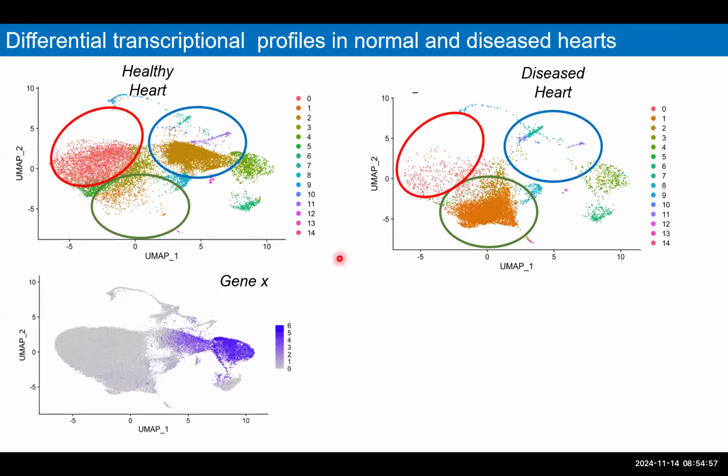Now, clearly you can tell in this experiment that the transcriptional profiling at the level of cells shows there are multiple populations in the heart here. I just pointed out 3 of many. So you can clearly see that this pink population here in the healthy heart kind of disappears in the diseased heart.